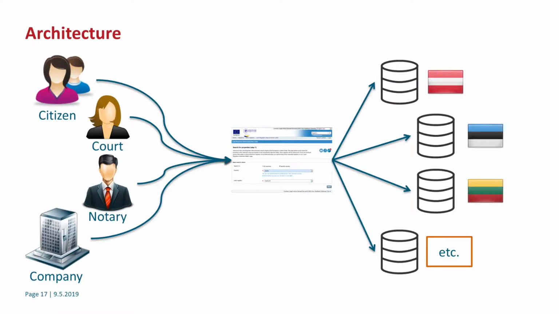So the basic information here is that we have on the one side a lot of different user groups, and on the other side a lot of different land register systems. And in between there is one central search function. So this central search should serve all the different user groups.